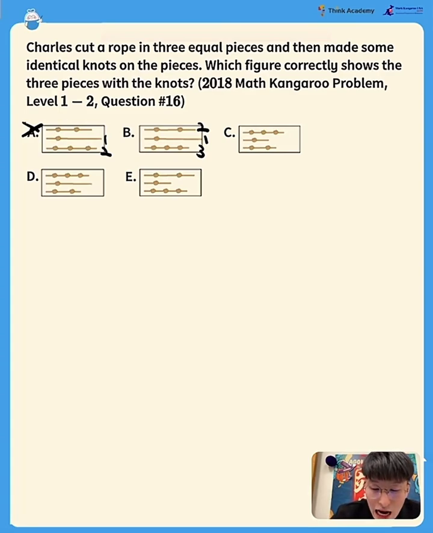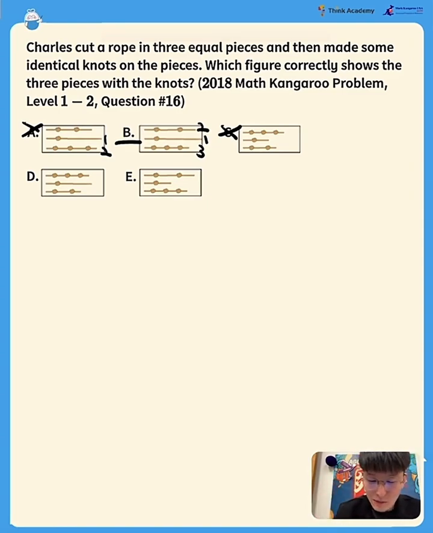So I will just underline this, okay? What about C, D, and E, everyone? Let's see. Oh my god, C, all of them are so short. Especially the one with just 1 knot is the shortest. So this one is obviously not correct, because the rope with just 1 knot should be the longest, right? So C is obviously not correct.